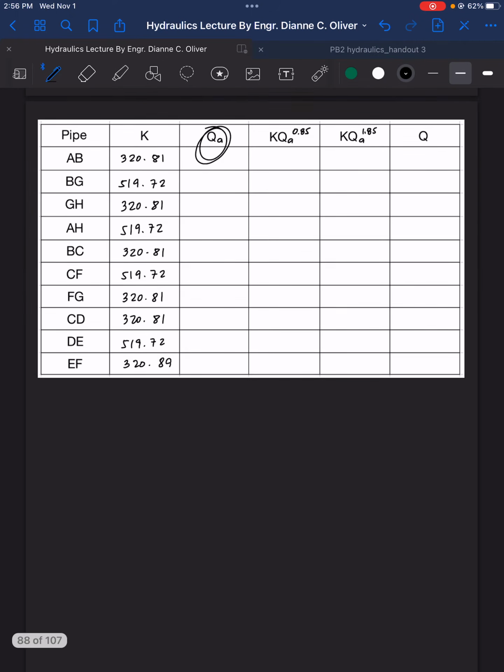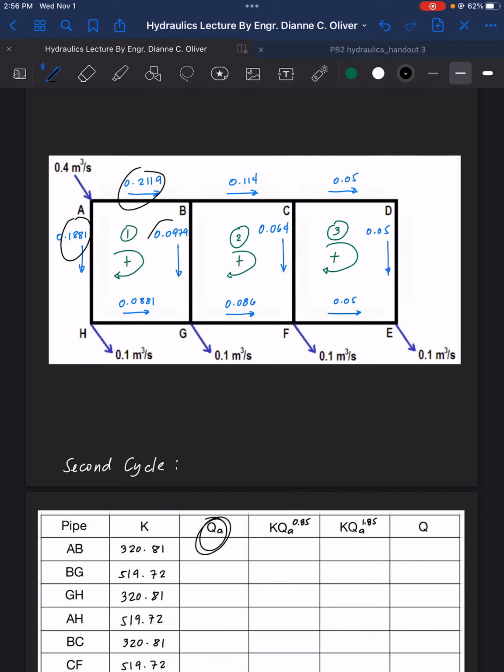For our QA, so our QA are the values that you see here in our system.